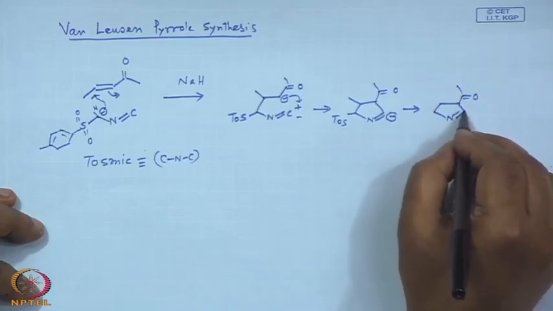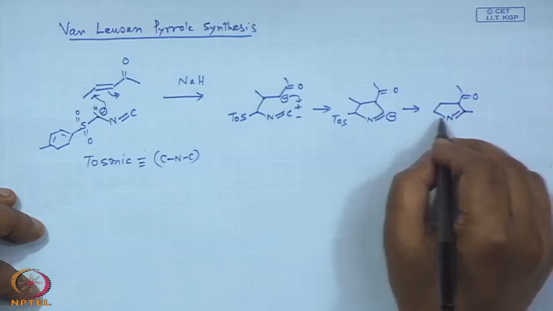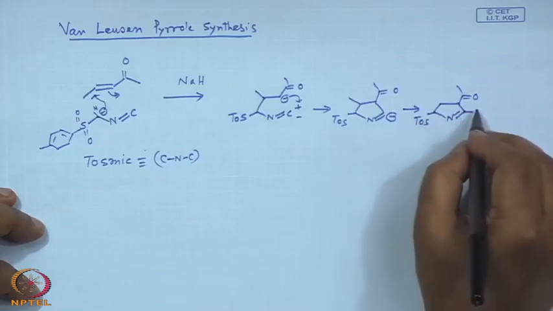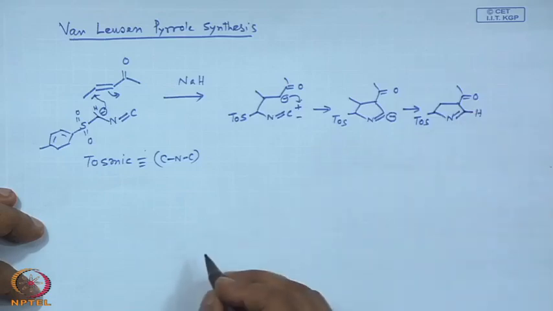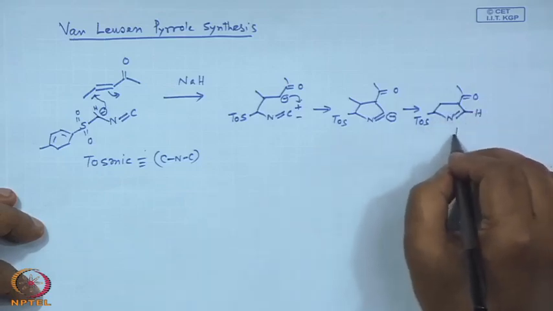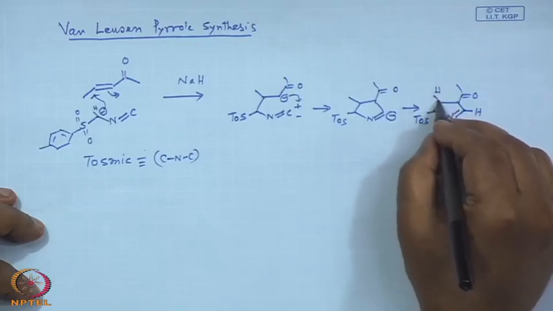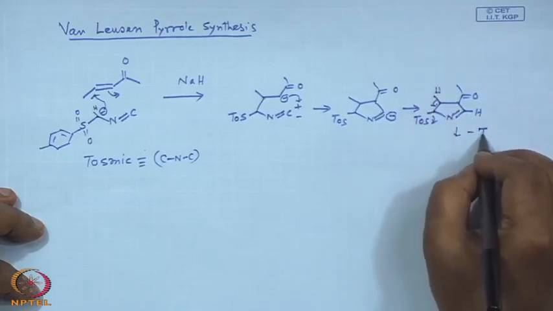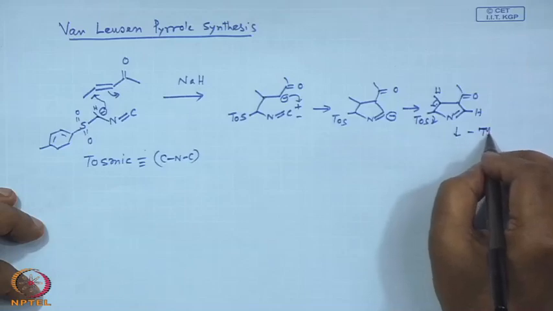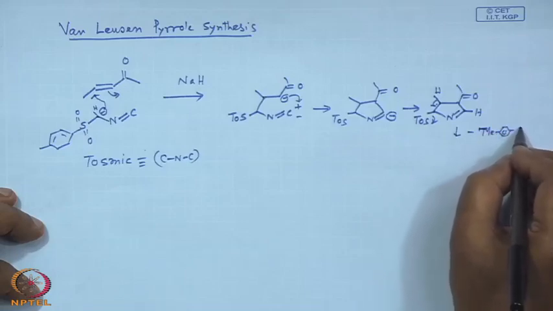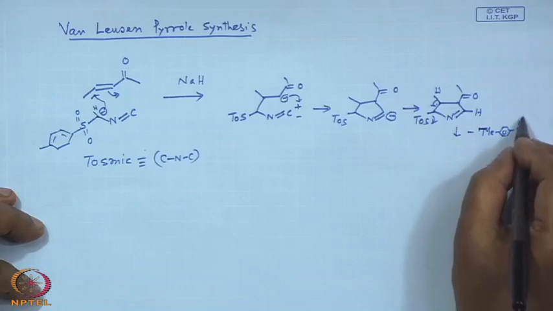At some point it will be like this, tosyl here, this is hydrogen, and so on. You can basically lose the methyl, then this is benzene, and what you will be getting?